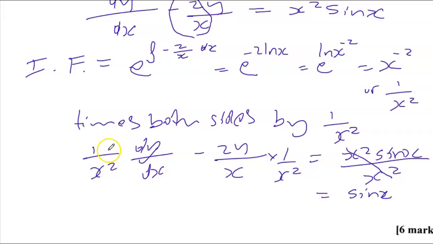On the left, we have 1 over x squared dy by dx minus 2y over x cubed. x times x squared is x cubed, so it's 2y over x cubed. Now we're going to integrate both sides with respect to x.